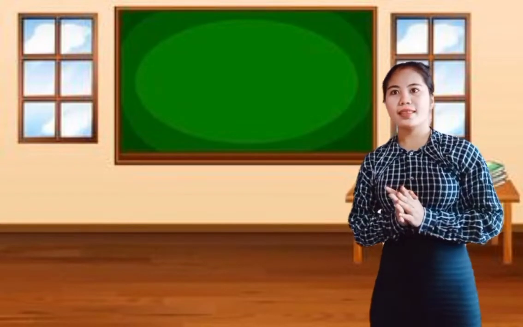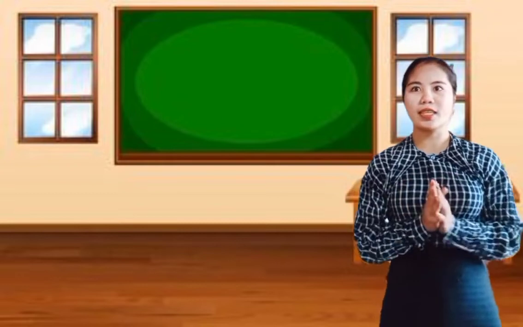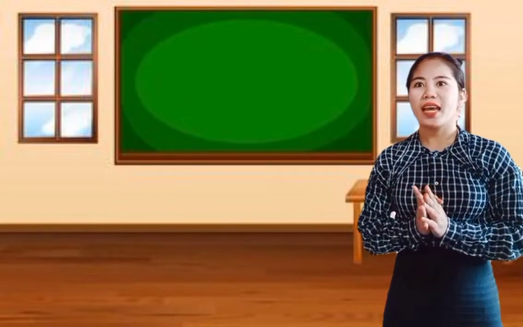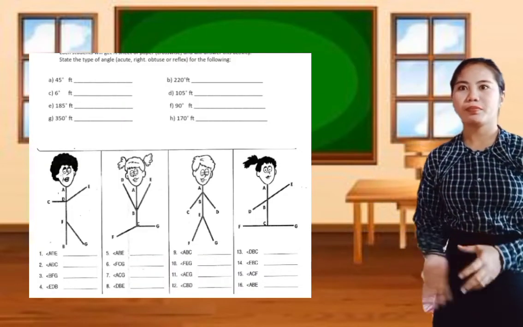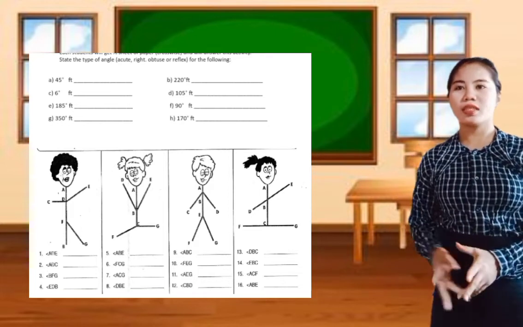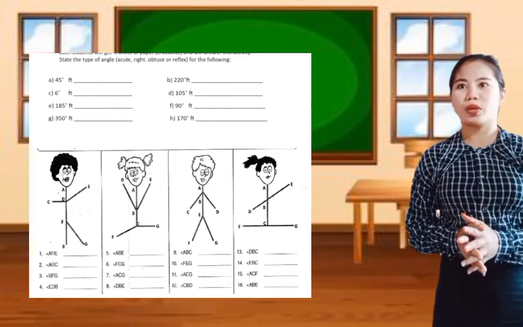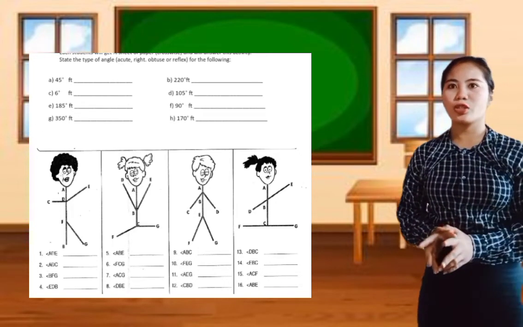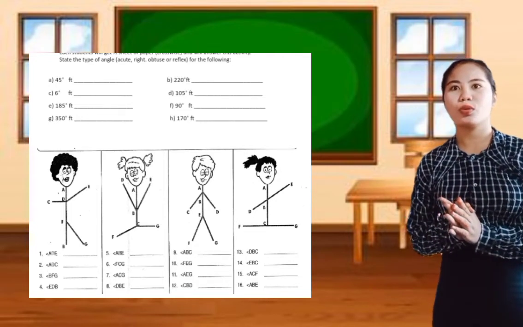Before that, everyone please go back to your proper seat and get a half sheet of paper and answer this activity individually. It states the type of angles for the following. If you have any questions, just raise your hand and don't hesitate to ask me.